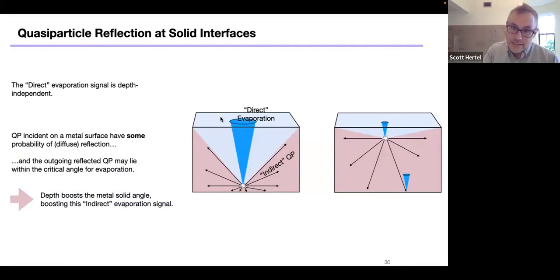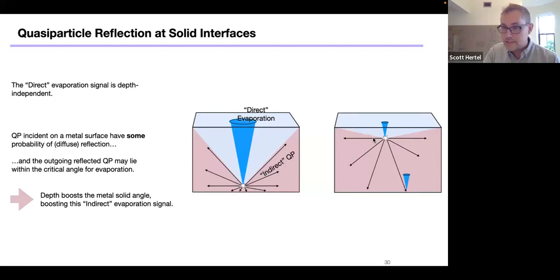So the solution to this puzzle is to look at this indirect quasi-particle population. So quasi-particles that are incident on the metal, that population has, well, you can see the solid angle of the metal as viewed from the recoil site is larger the deeper you are.